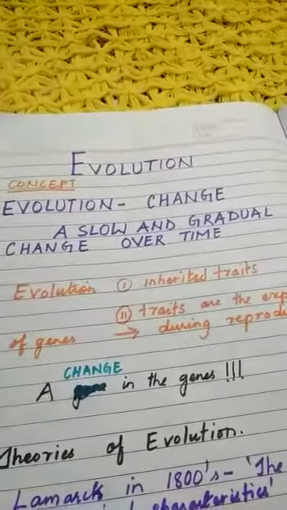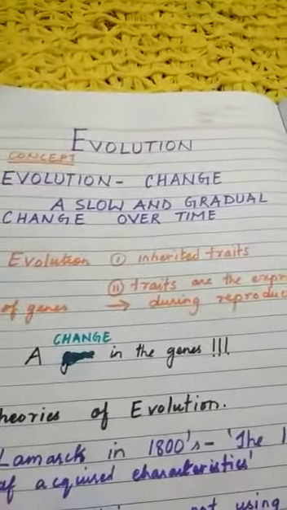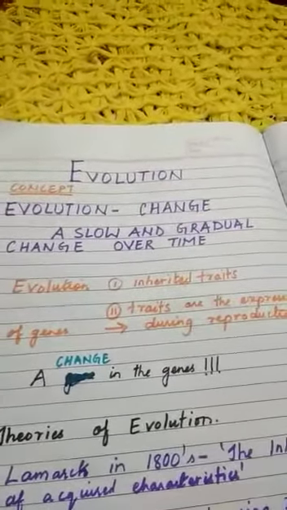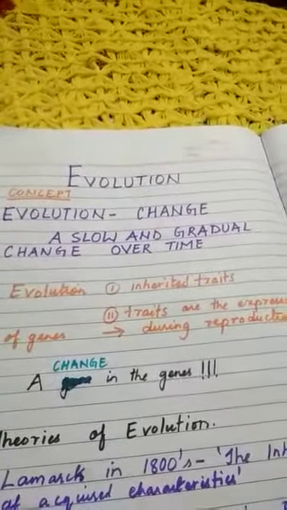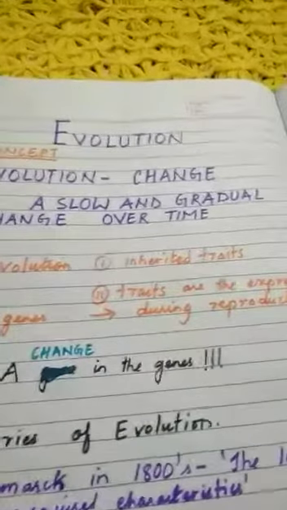Evolution is the change in the inherited traits of a population from one generation to the next. So it is the inherited traits from one generation to the next.